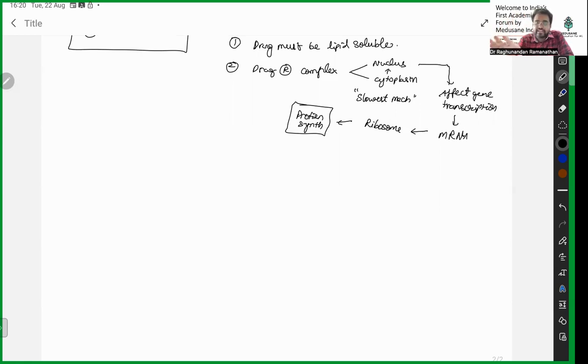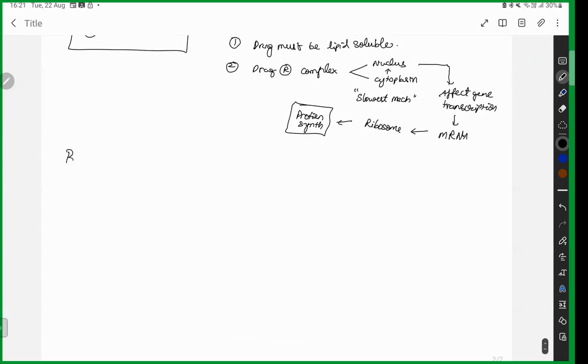Based on this, we divide your drugs into 4 types. Now just take your pen and write along with me. Based on drug receptor activity, you're going to divide your drugs using two important concepts, intrinsic activity and affinity.